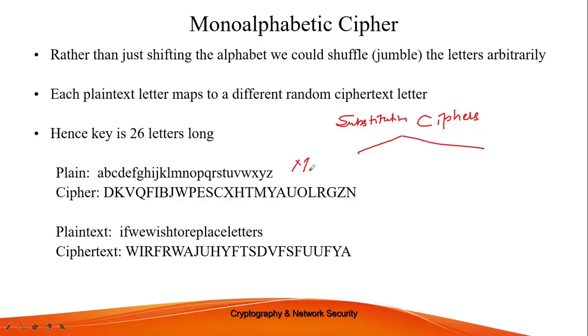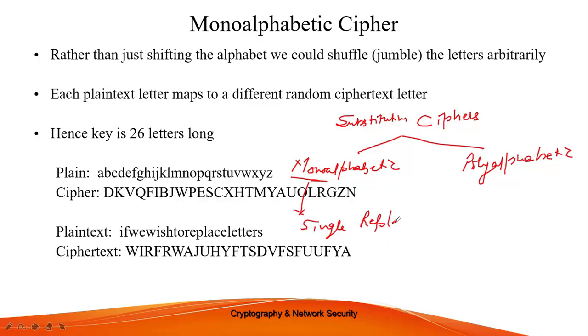One is called monoalphabetic ciphers, and the second is called polyalphabetic ciphers. Mono means single, single replacement. And poly means many. That is the difference between mono and poly.